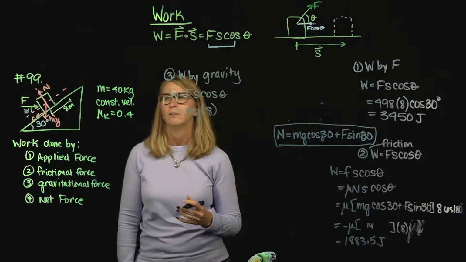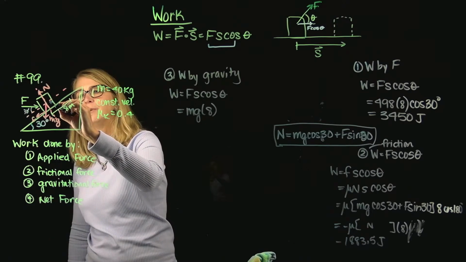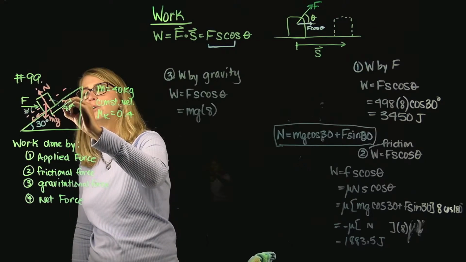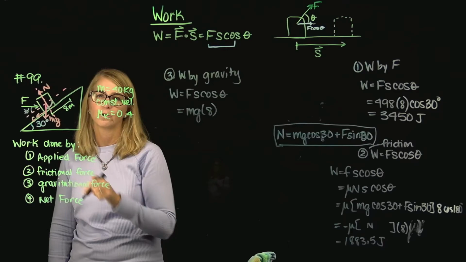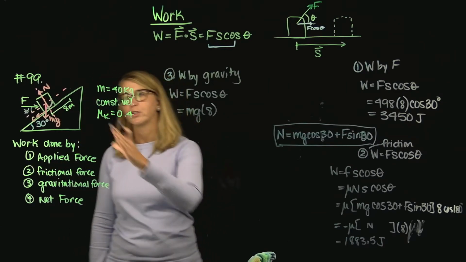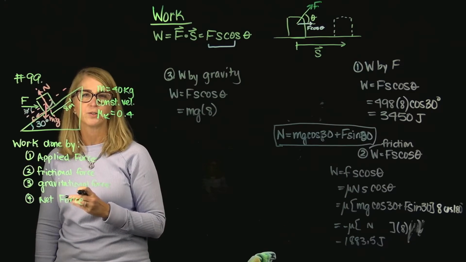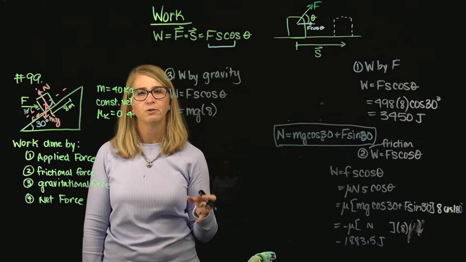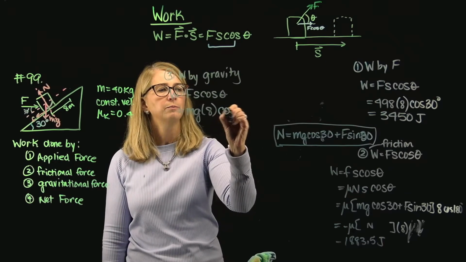Well, if we look at this picture here, the displacement is along the positive x-axis. And so to find the angle, we would measure all the way from that positive x-axis to where the force of gravity is, which is 30 degrees offset from the negative y-axis. So I would actually use the angle that would be 90 degrees plus 30. So it's the cosine of 120.